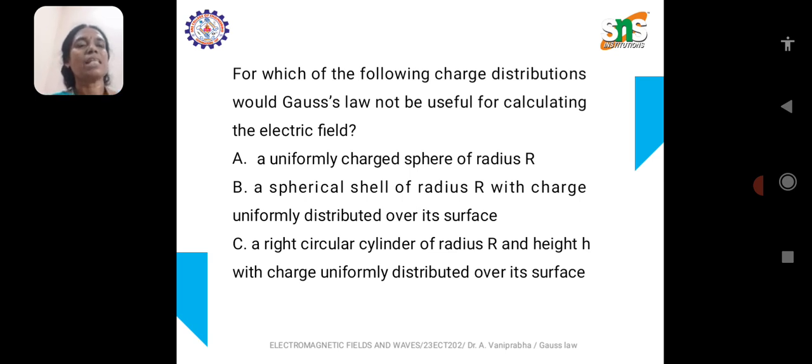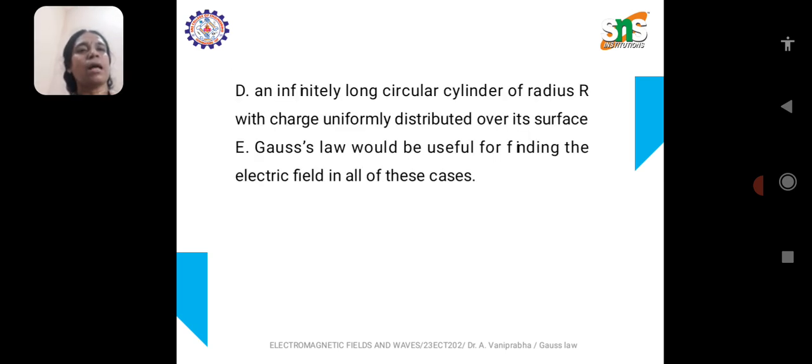So can anyone answer this question? For which of the following charge distributions would Gauss law not be useful for calculating the electric field? Option A is a uniformly charged sphere of radius r, a spherical shell of radius r with charge uniformly distributed over its surface, a right circular cylinder of radius r and height h with charge uniformly distributed over its surface, an infinitely long circular cylinder of radius r with charge uniformly distributed over its surface.